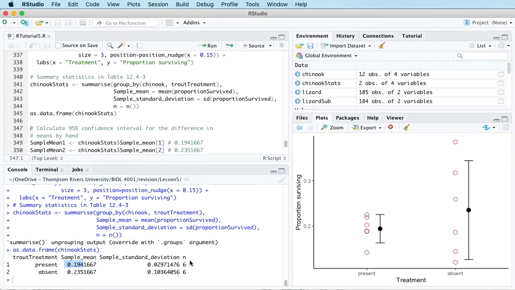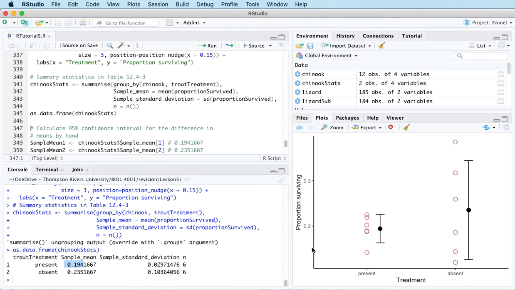But remember, what we did in the last video was a test that relied on the assumption that the variances in the two groups were the same. Here, the sample spread in the two groups is vastly different, so I'm not sure that assuming the population variances are the same would be reasonable.